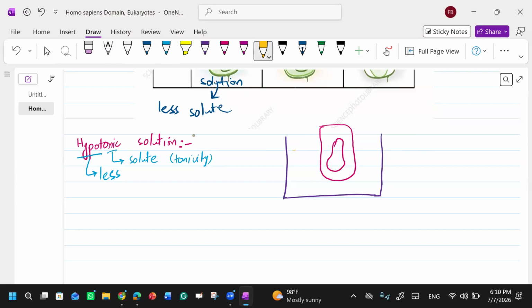They are talking about this solution. Hypotonic solution has less solute. It means there is more water. Are you getting this?